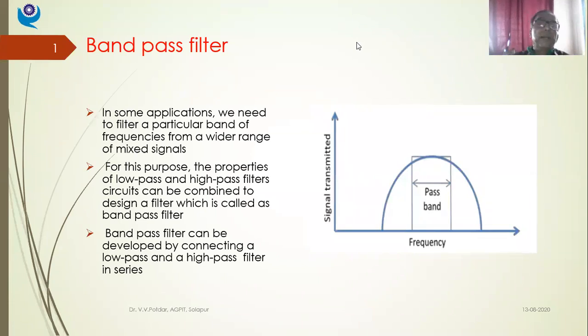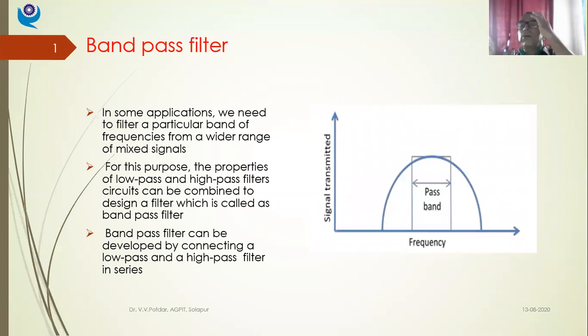Okay, so just to refresh our memory, low pass filter is a filter which allows lower frequencies to pass forward. Whatever signal I am receiving from the sensor transducer, it's a mixed signal.